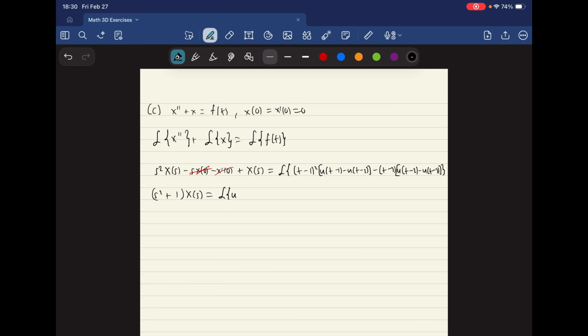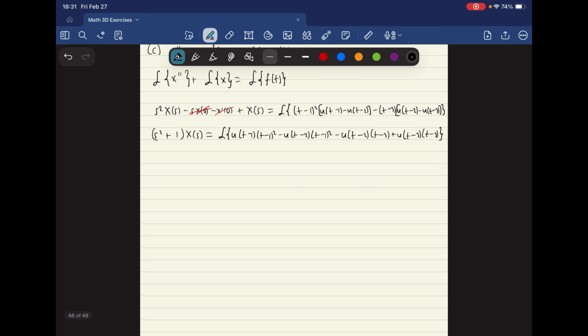That's going to give me u of t minus 1, t minus 1 squared, minus u of t minus 2, t minus 1 squared. And then we have minus u of t minus 2, t minus 3, plus u of t minus 3, t minus 3.